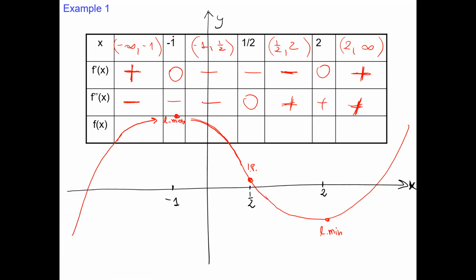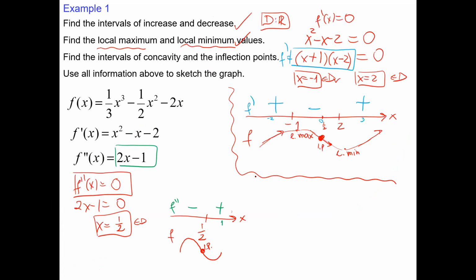What we need is to take negative 1 and substitute it into the formula of the function. Let's maybe do it here. Okay, the value at negative 1. And the function looks like this. We will have negative 1/3, negative 1/2, plus 2. Let's make the denominator 6.